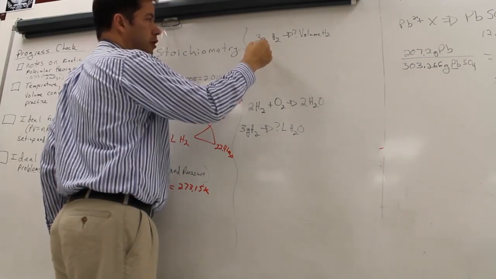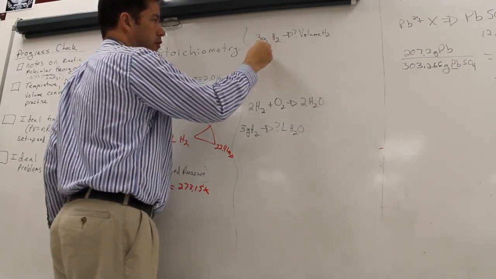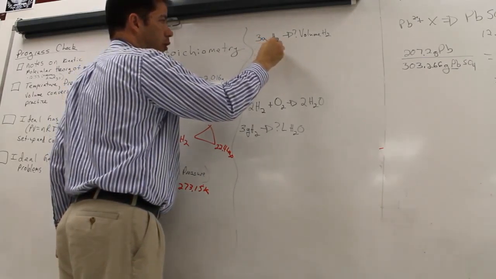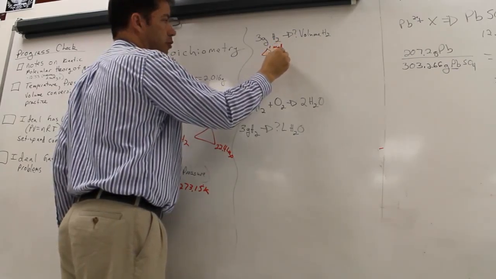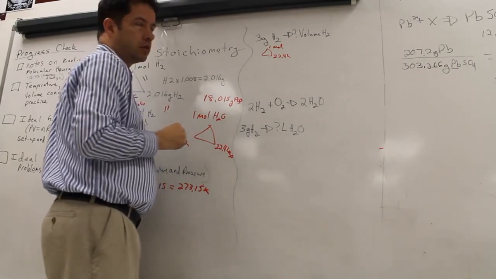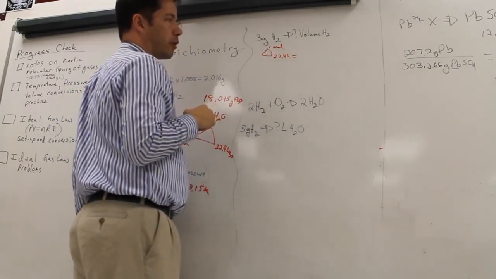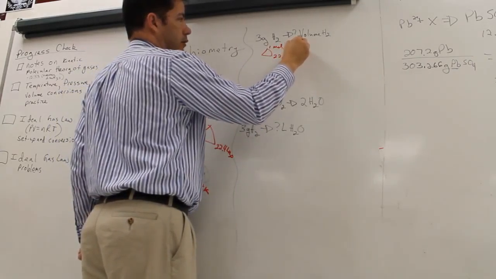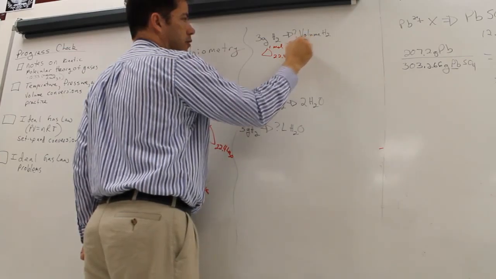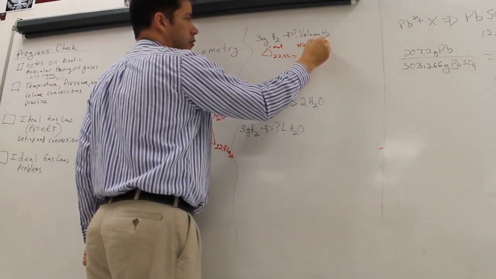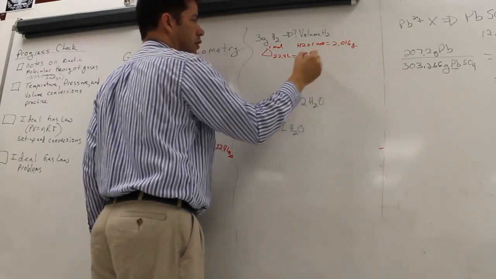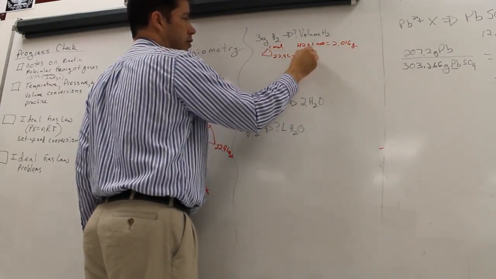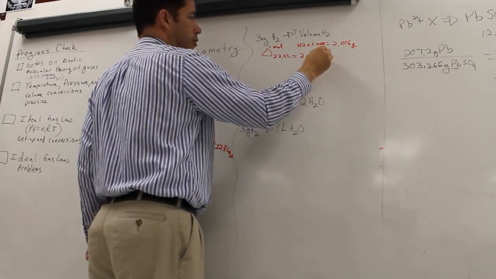So the first thing you would do, anytime you do this, is you would do the triangle, right? So 1 mole is equal to 22.4 liters, but that's also equal to the molar mass, right? And the molar mass of hydrogen is there's 2 hydrogens times 1.008, 2.016 grams. So on the triangle, this is equal to 2.016 grams of H2.